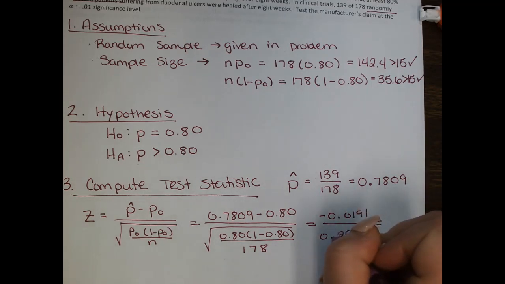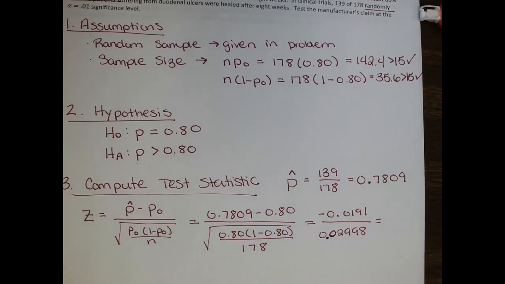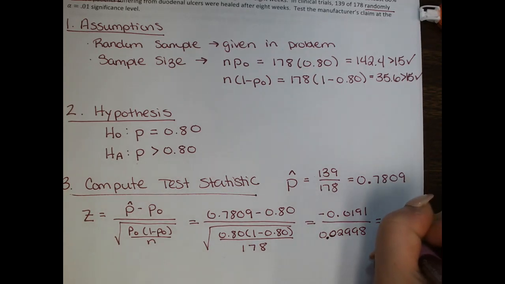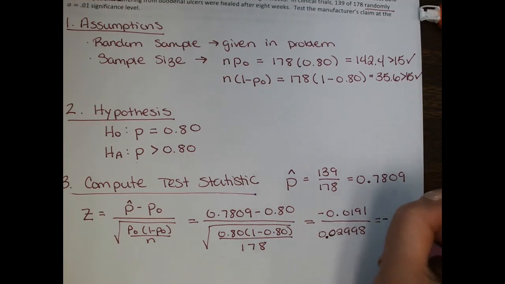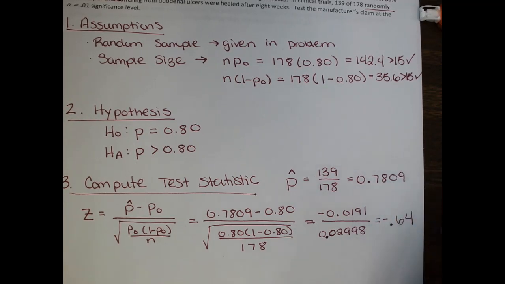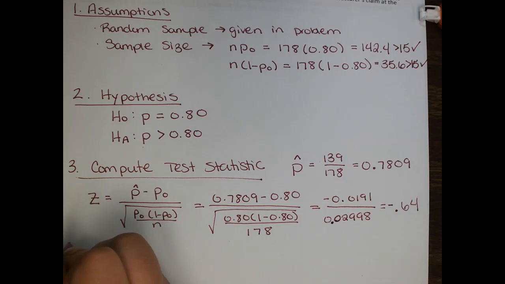Oh, sorry, I'm missing a 0 right here. Okay, now taking our numerator divided by the denominator. Now, when we get to the actual end step here with our test statistic, you want to calculate that to 2 decimal places. Now that we have our test statistic, we can find our p-value. So that brings us to step 4.